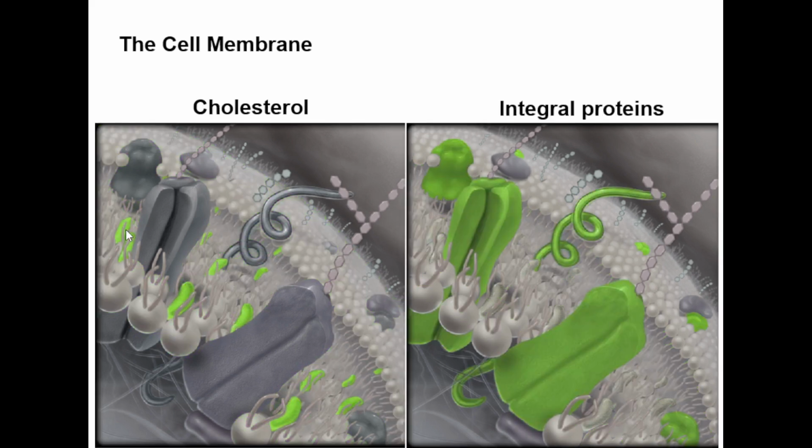Also, interspersed amongst the fatty acid chains is cholesterol. So cholesterol is again another type of lipid, and it has a very important role in the cell. Cholesterol provides cell fluidity, meaning it allows the cell to be able to move.